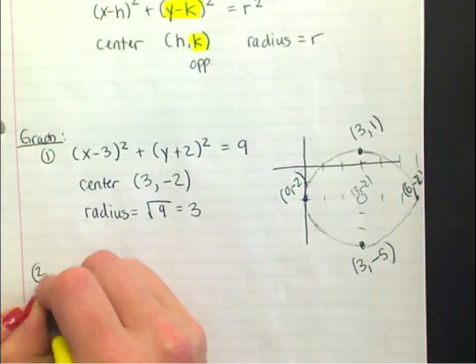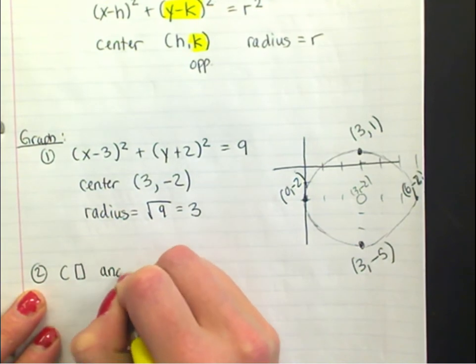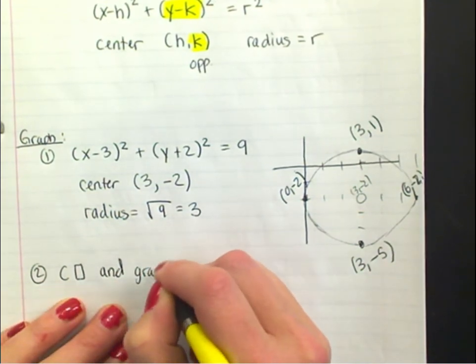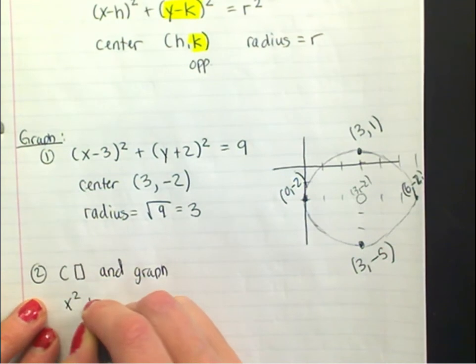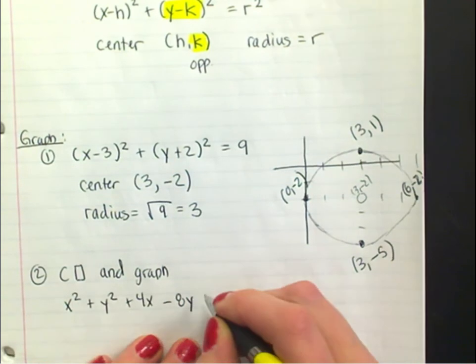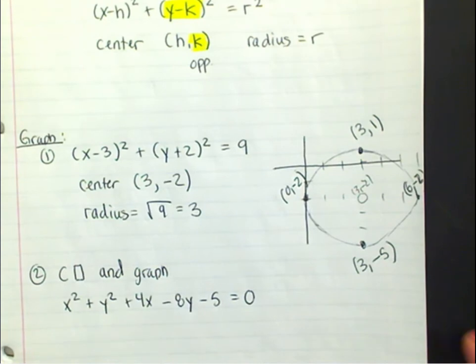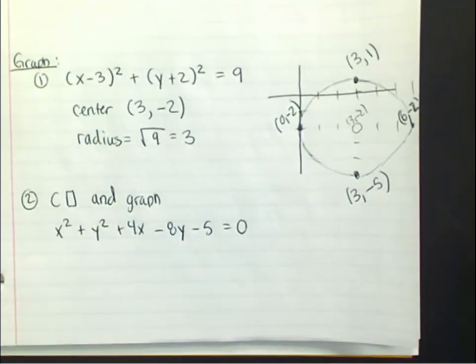Little bit trickier. Complete the square and graph. Okay, x squared plus y squared plus 4x minus 8y minus 5. Well, that's a lot of variables. Okay, I see 2 squares.